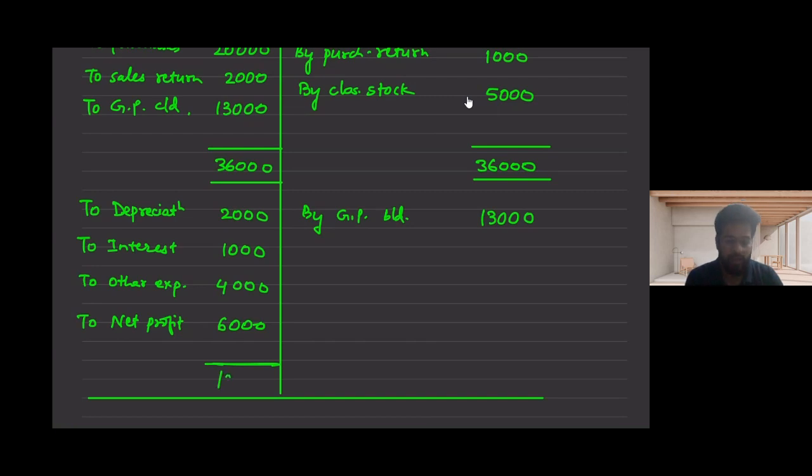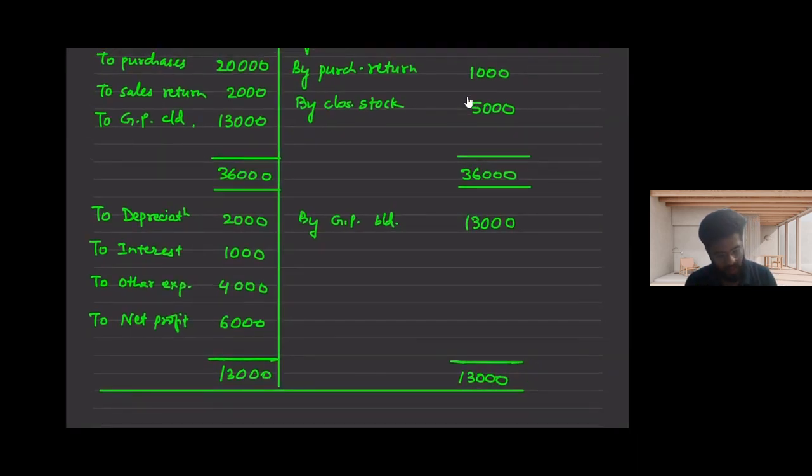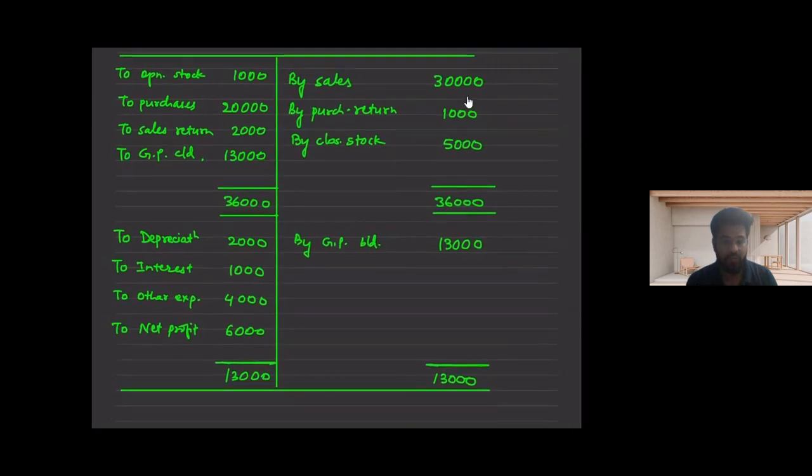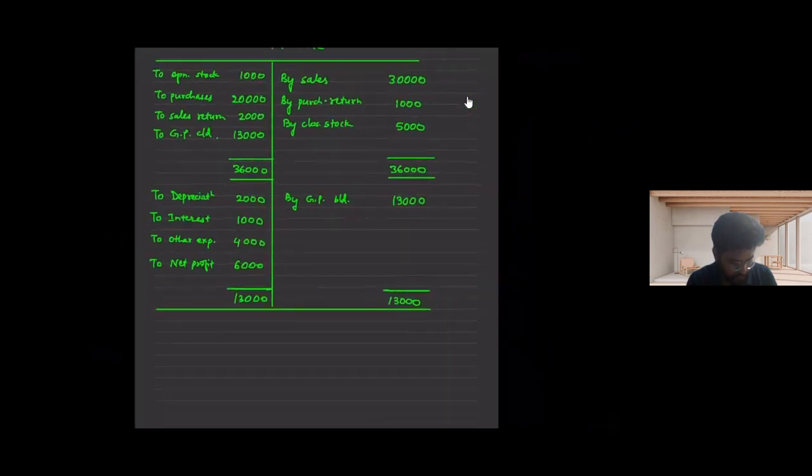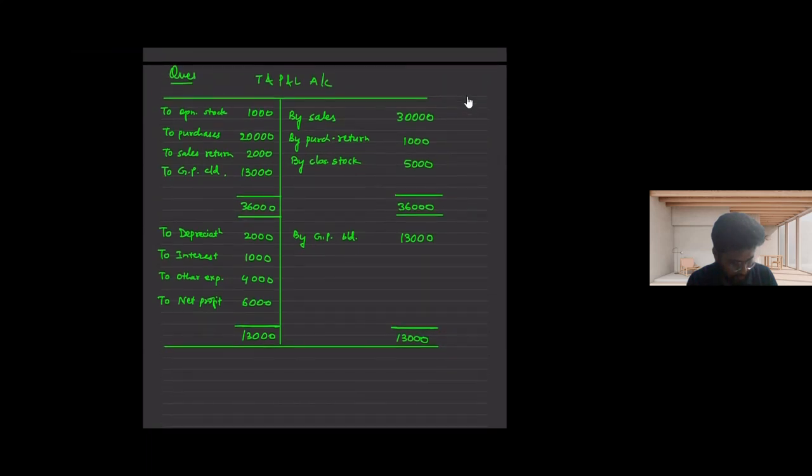Now what you all have to do, my friends, you have to now calculate 5 ratios. First, gross profit ratio. Second, net profit ratio.